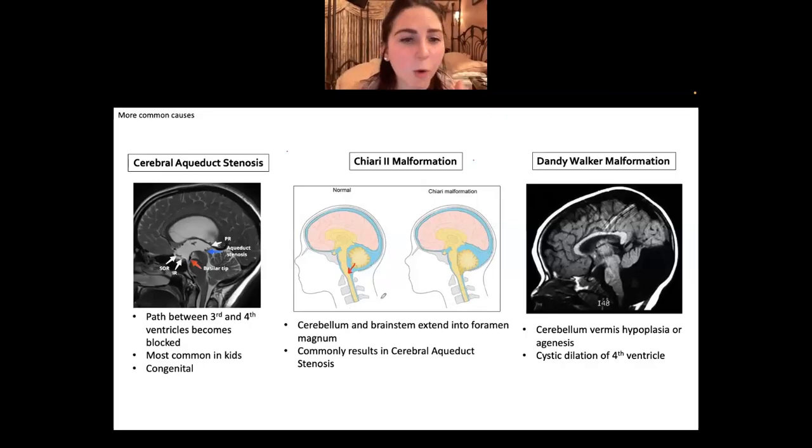That's why I don't have a commonly affected pathway, because it can block certain areas, and they would tell you which ventricles are affected. But usually, like I said here, it commonly results in cerebral aqueduct stenosis because this is congenital. They're born with it. It's basically where the cerebellum dips into the brainstem area. It's too forward, too ventral, and it shouldn't be that ventral, so it blocks.